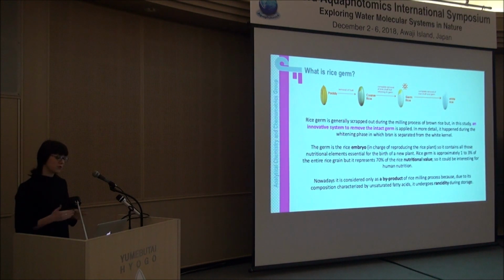So what they do is remove rice germ with a high technology to allow us to store rice for a very long time. But rice germ is the embryo part of rice, so it has 70% of the nutritional value of rice, and the idea is, why not use this rice germ for human nutrition, to produce a novel food with a high content of nutrients.